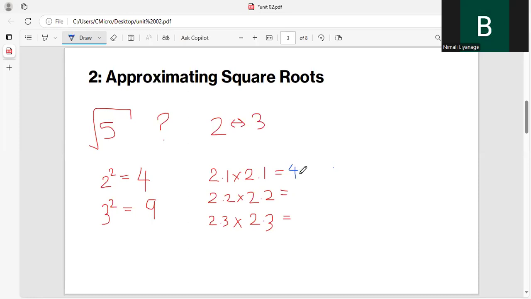It is 4.41, no? And the square of 2.2 is 4.84 something. And the square of 2.3 is 5.29.